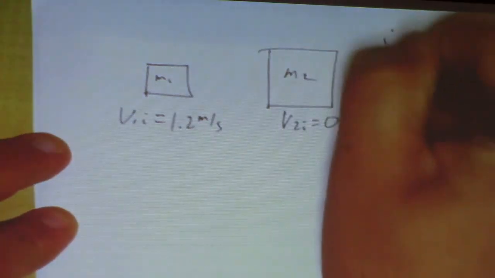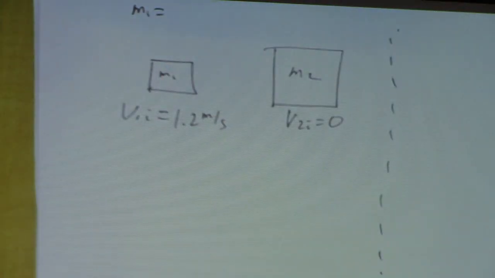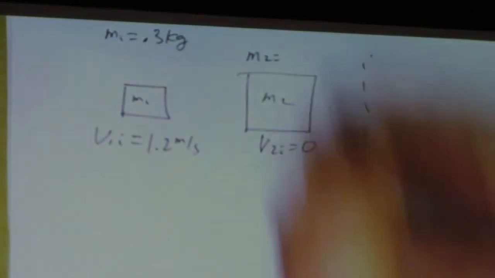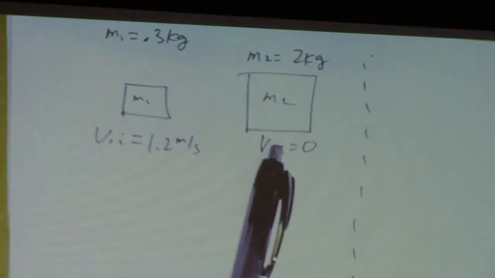So with these problems, it's good to have a before and after picture. This is what's going on initially. We know these masses, too. Just be careful. Mass 1 is 300 grams, so change it into kilograms. That means divide by 1,000. And mass 2 is given as 2 kilograms.